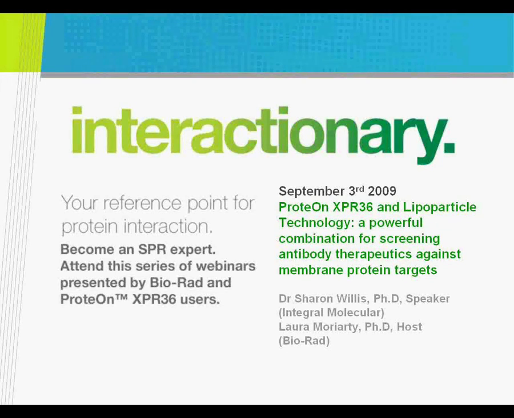Ollie, I was just wondering about your feel for screening a higher affinity interaction, because you were looking at around 200 nanomolar there, and how the ProteOn holds up with, say, sub-nanomolar binders. Okay. When I showed a quick cartoon of the monoclonals against IGF-2, we had some binders in there that were certainly sub-nanomolar.